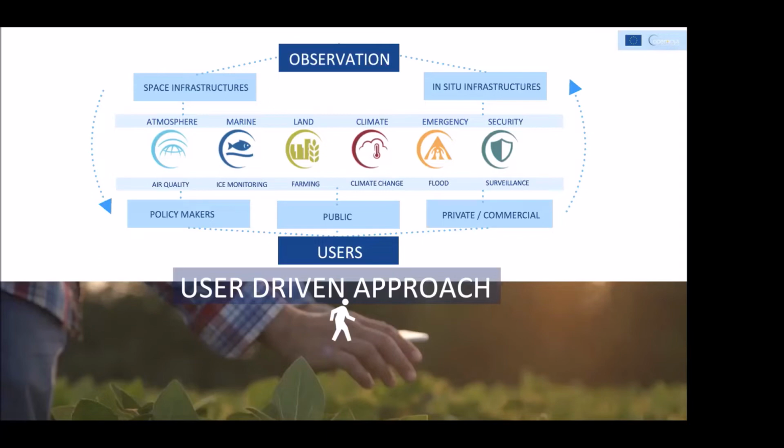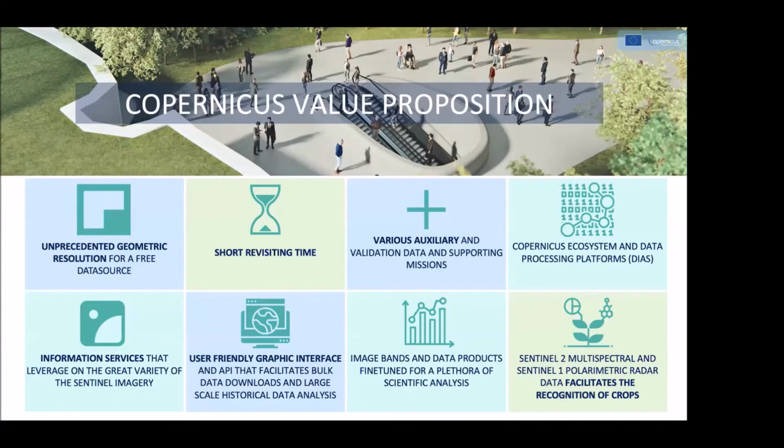And finally, the private and commercial sector, where we can build new services based on the Copernicus ecosystem in order to keep Europe at the forefront of technologies and services. So users are at the base, and you're the one that's going to be driving some of this innovation.